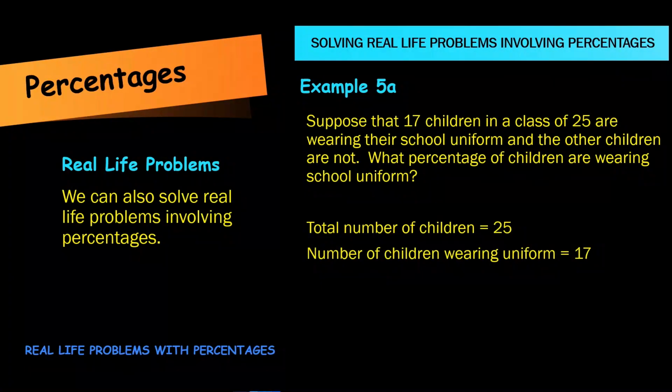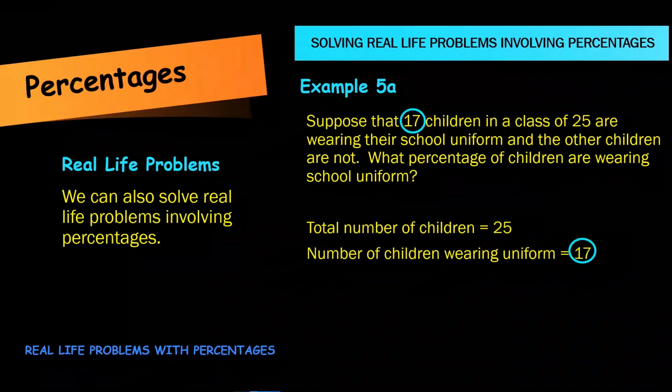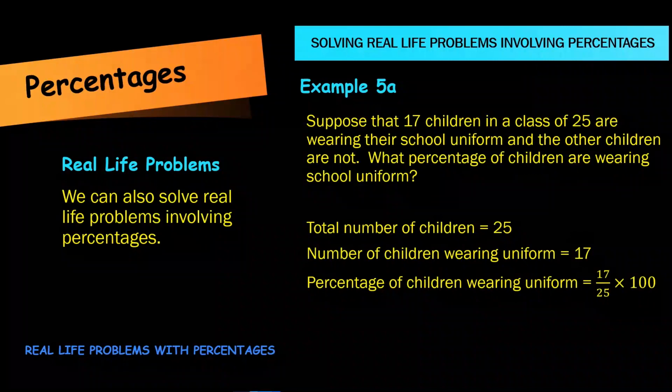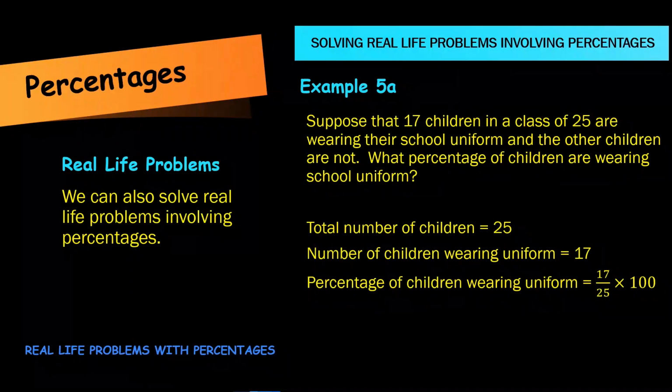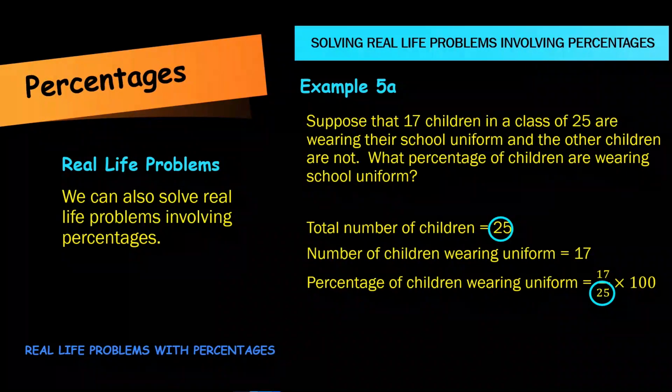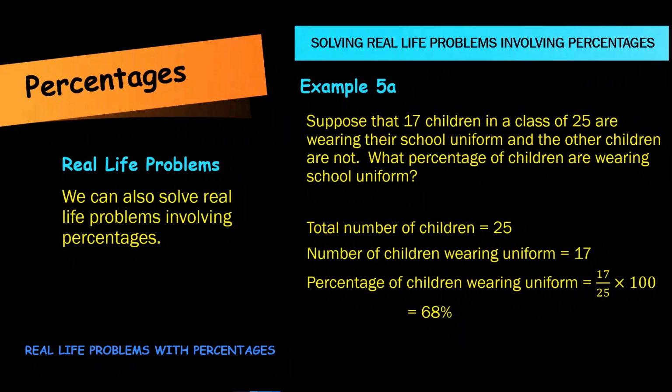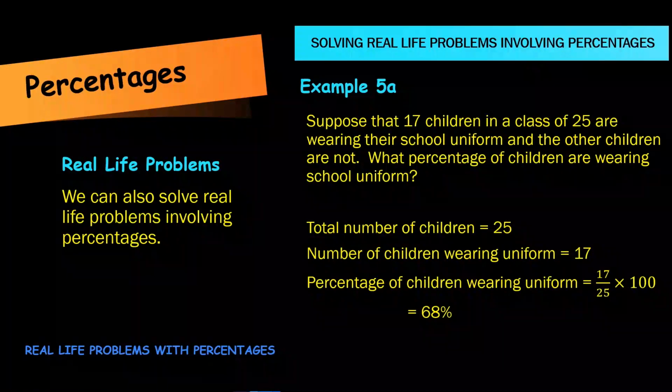The number of children wearing uniform equals 17. The percentage of children wearing school uniform equals 17 out of 25 multiplied by 100, which equals 68%.